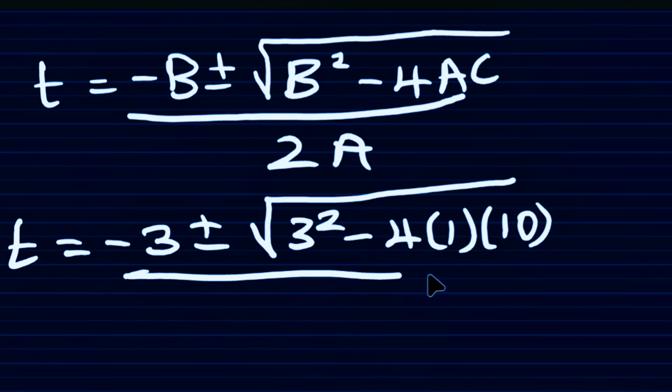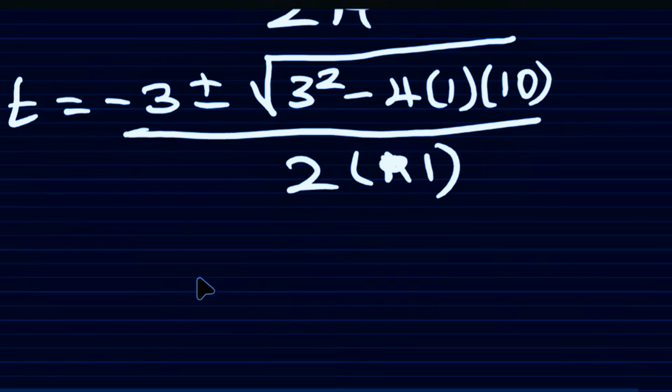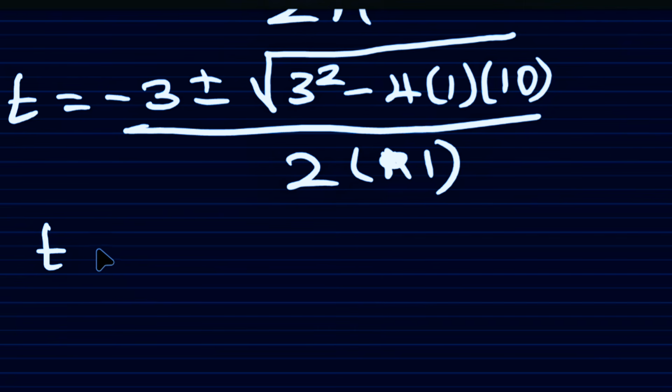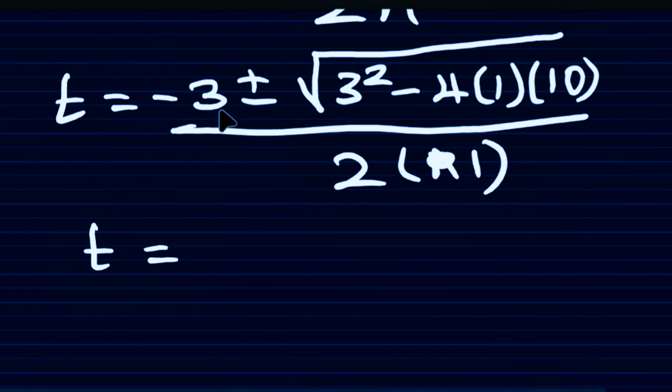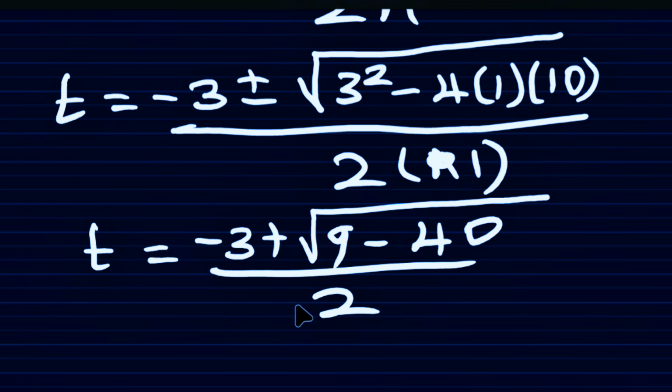Then we'll divide everything by 2a, which is 2 times 1, so a is 1. So t will be equal to minus 3 plus or minus the square root of 3² is 9, minus 4 times 1 times 10 is 40. We'll divide everything by 2 times 1, which is 2.